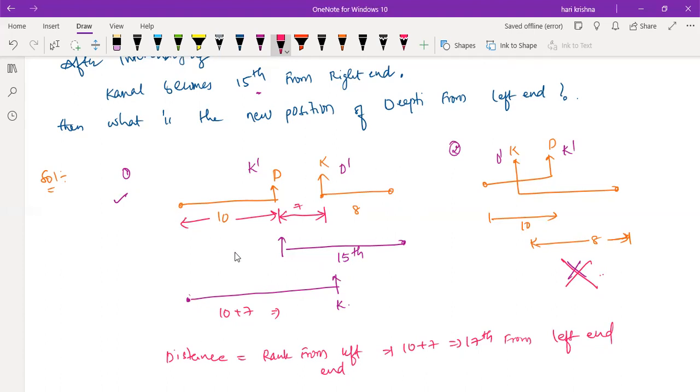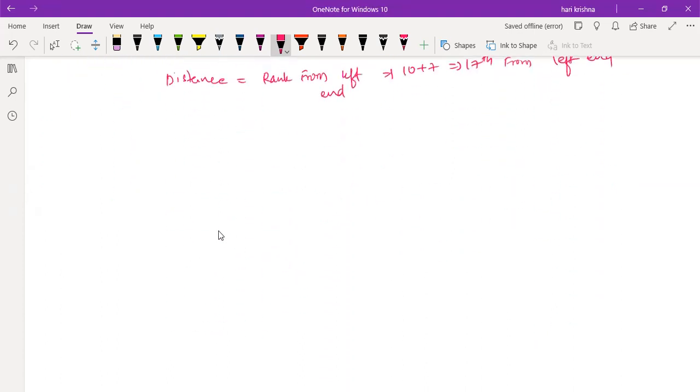Okay, next take it as a homework. In a row, Tina is 15th from the left hand. Rajni is 16th from the right hand.